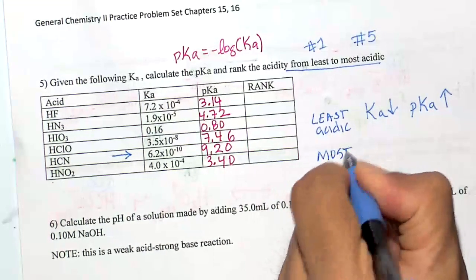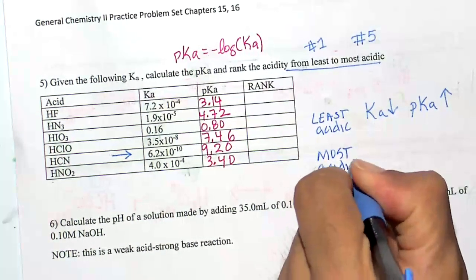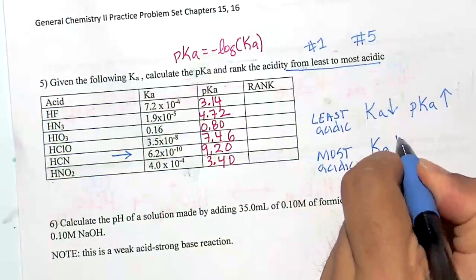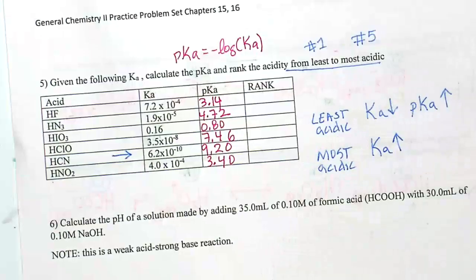The most acidic would be the opposite. The Ka is really large. Imagine if you had a Ka of 1,000,000. Even though Ka has no units, imagine if I gave you $1 million, would that make you move forward or backward in life? For most people, you move forward.